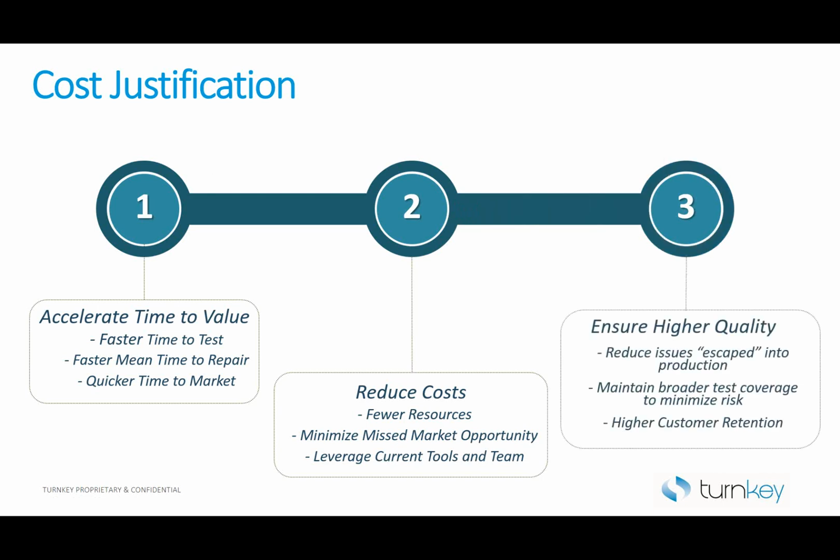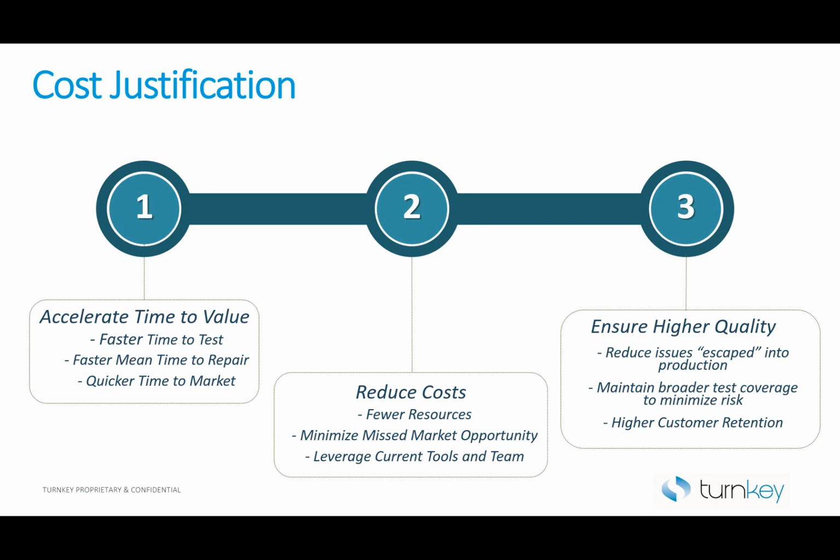At the end of the day, as our polling question indicated, we still need to ensure higher quality. We can't sacrifice quality at the altar of speed, and continuing to focus on reducing issues that escape into production or production outages is very important.